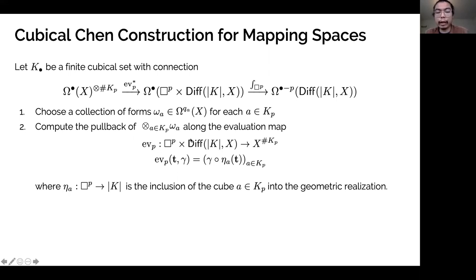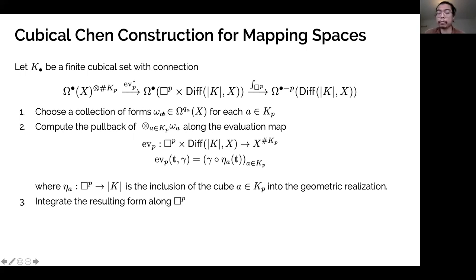And by composing with this smooth map gamma from the geometric realization into X, we get this higher evaluation map that corresponds to the cubical structure of K. And once we have this differential form on the P cube cross the mapping space, we integrate the resulting form along P, and we'll get a differential form on the mapping space of degree P less than the total degree of the original collection of differential forms.